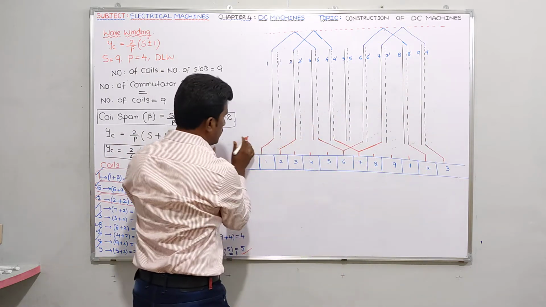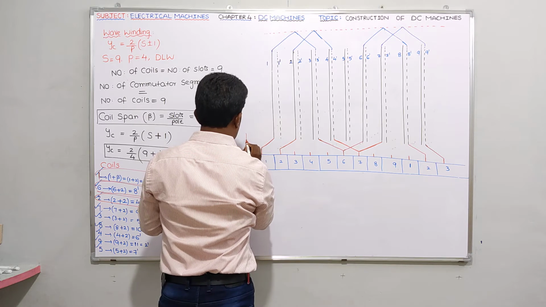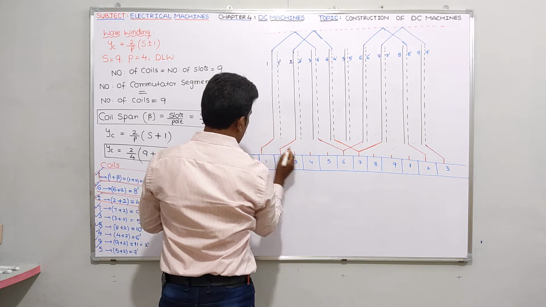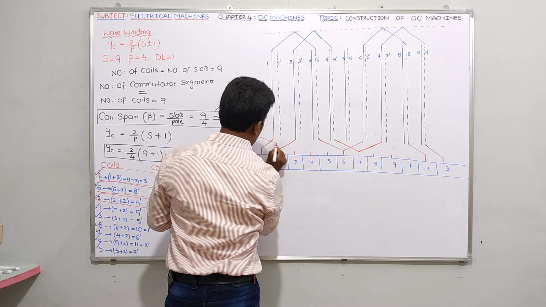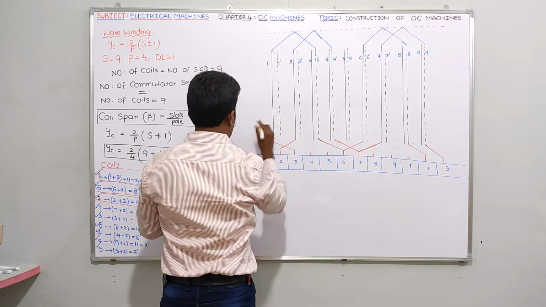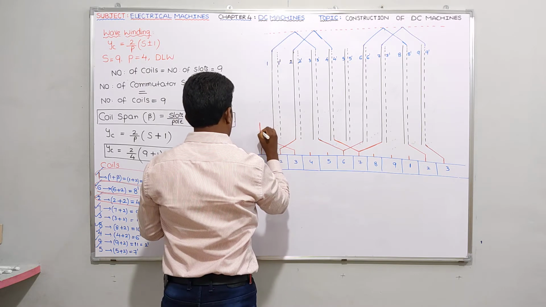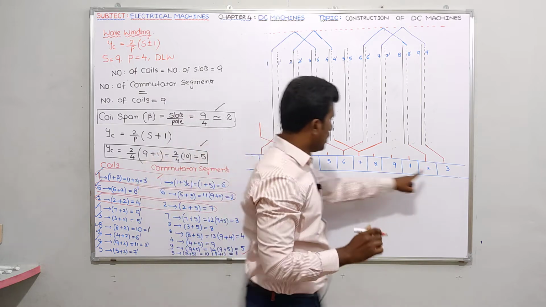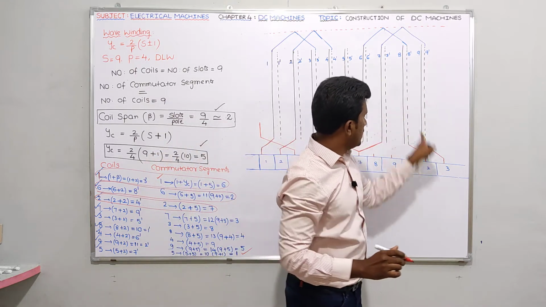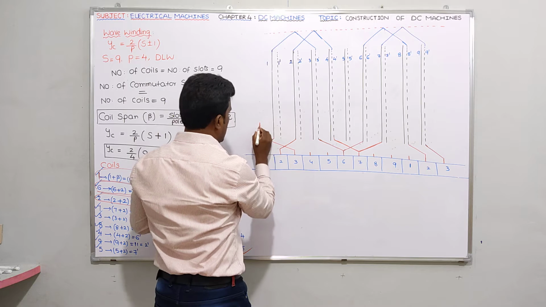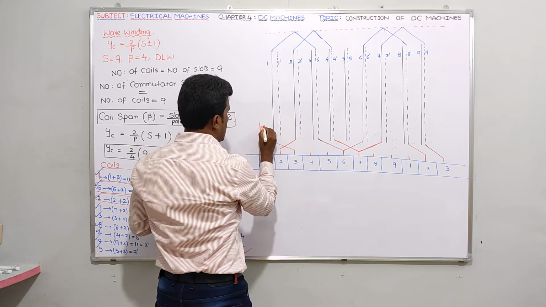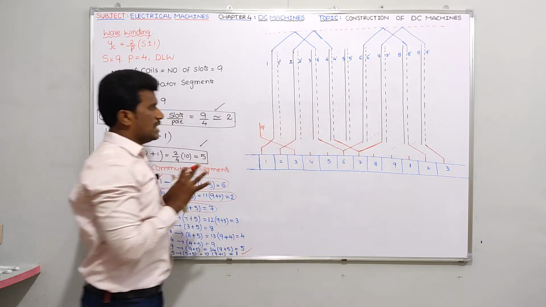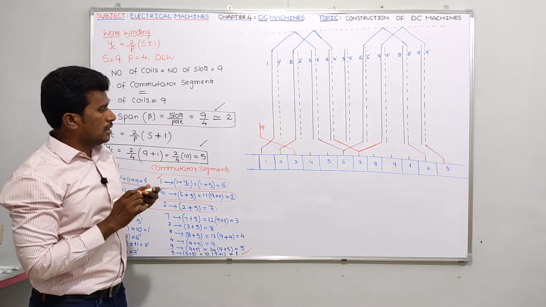If you want, you can show it here also, like this. See, to this 3rd segment, I said 9 dash is connected. I can show that 9 dash here also for your understanding. Is it clear, guys? Right.